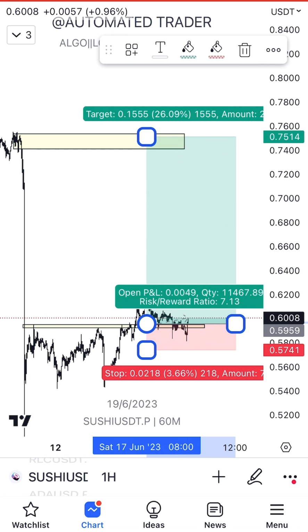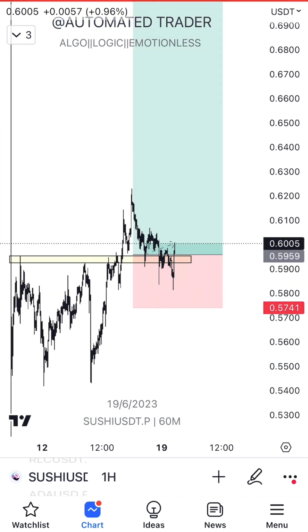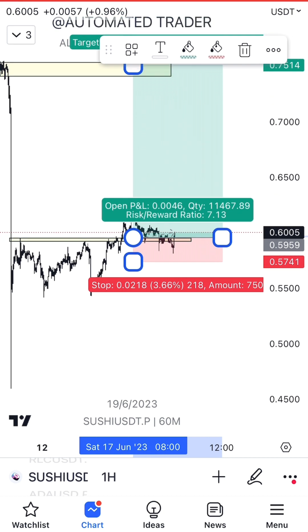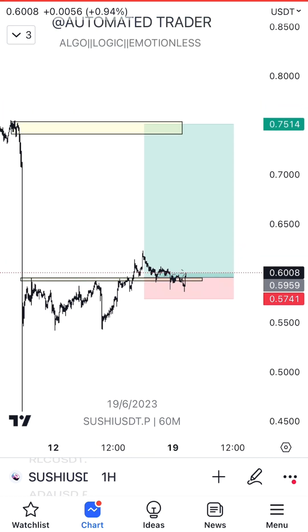Now, before you place this trade, the second step you have to do is make sure that this stop loss, you have calculated it with the money that you're using to place the trade. So let's use $100, for instance.